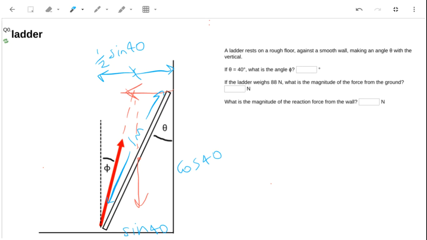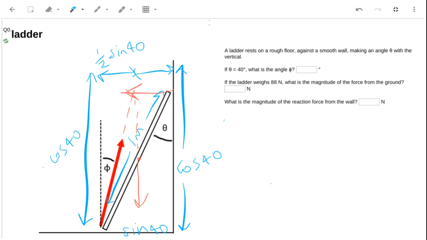So I've got a little triangle with my angle phi, and that's cos 40 as well. So I can say that tan of phi is the opposite, a half sine 40, over cos 40, which is basically just a half tan 40.